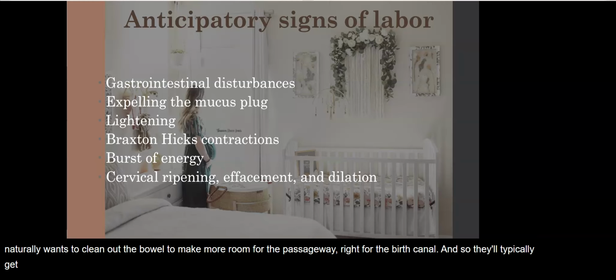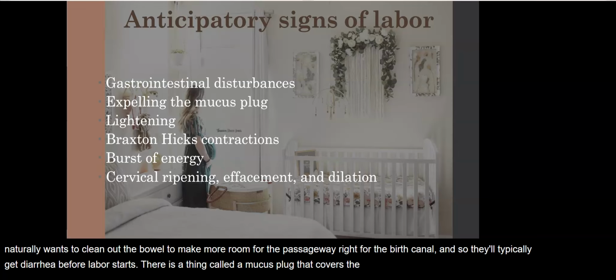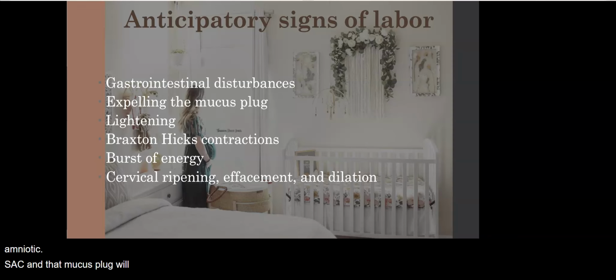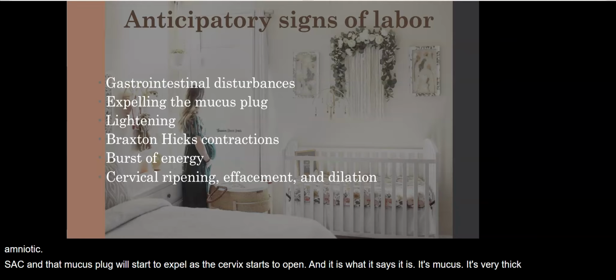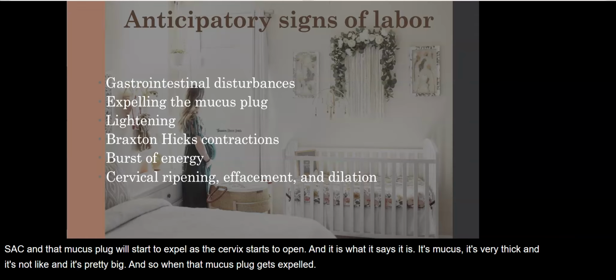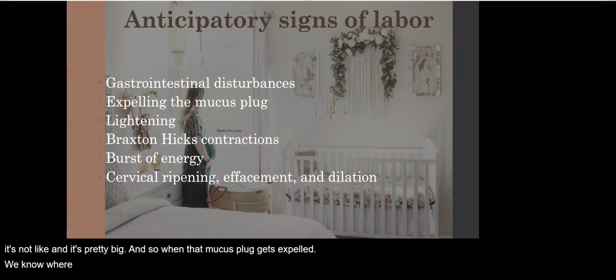There is a thing called a mucus plug that covers the cervix, in between the cervix and the amniotic sac. And that mucus plug will start to expel as the cervix starts to open. And it is what it says it is. It's mucus. It's very thick and snot-like. And it's pretty big. And so when that mucus plug gets expelled, we know the body is starting to get ready. Okay.